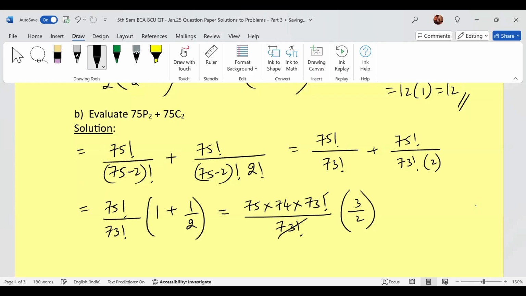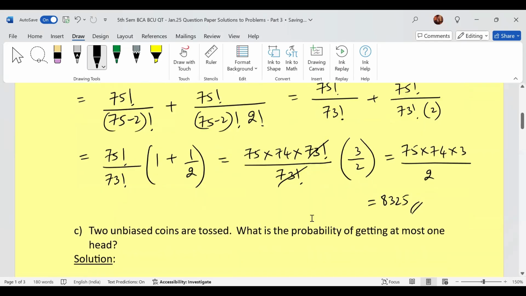So 73 factorial gets cancelled. Now we have 75 into 74 into 3 divided by 2. Evaluating this, we will get 8325. That will be the solution for this particular question.